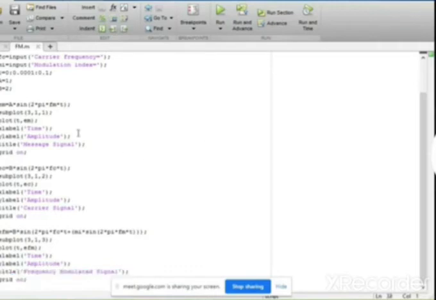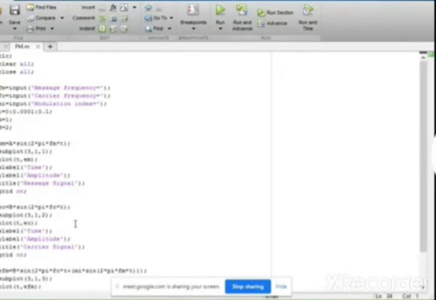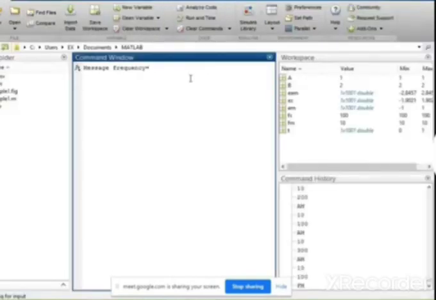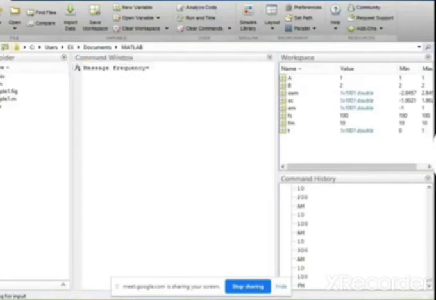Now let's run this and check for the output. This is the equation for generating the FM wave. After clicking on the run option, save and run it. It asks to give the message signal frequency.